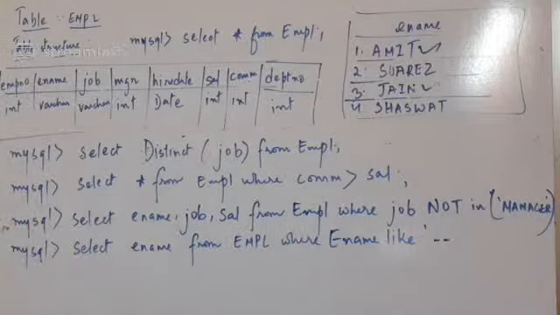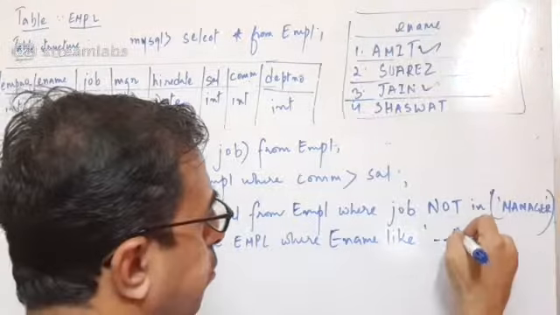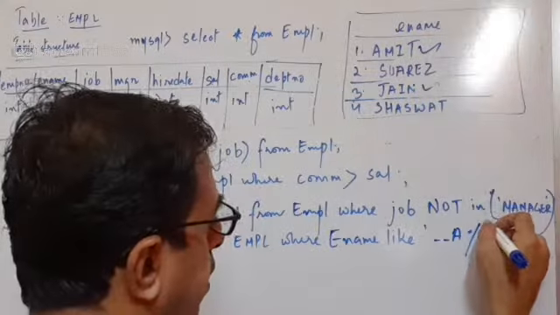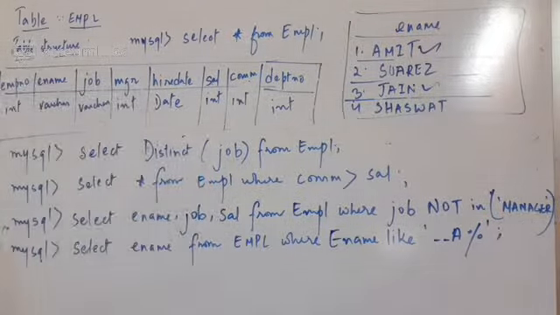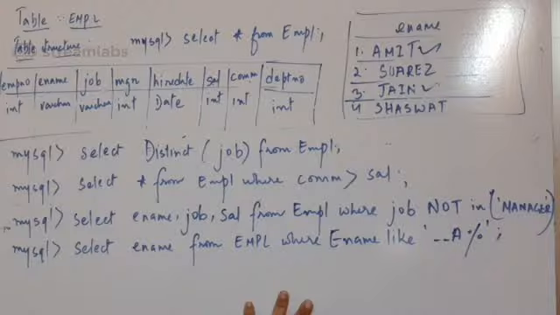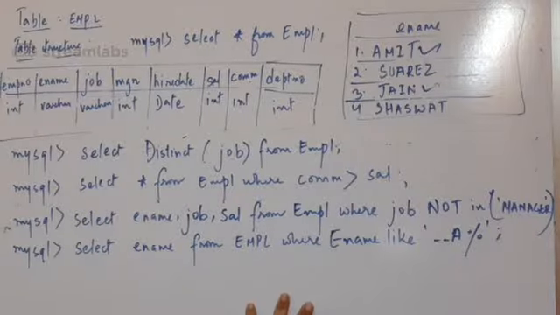So 2 underscores means why? Because we want exactly 2 characters there, then one alphabet A, and then your percentage sign indicating that after the alphabet A there could be any number of characters, any combination of characters, which is to be displayed. So here you will find that we get the desired result from this particular query.